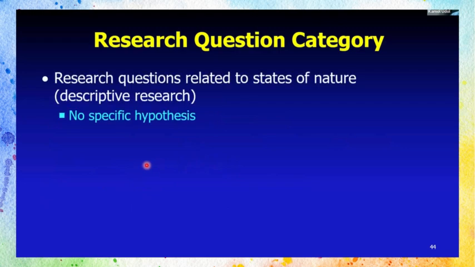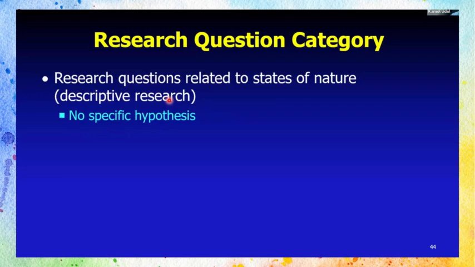The first group will be research questions related to states of nature, descriptive research. Just describe what is going on, what happens. For this type of research, there will be no specific hypothesis. This is the type of research that you will not write research hypothesis because there is no hypothesis. You just want to know what the states of nature is.